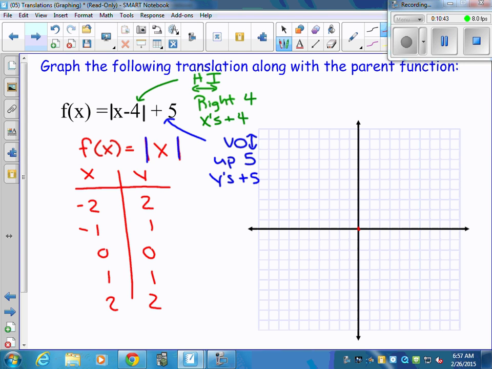So now, starting with the original parent points, the absolute value is a V-shaped graph. When you're looking at what the graph looks like overall, we've got 2 adjustments. We can actually apply those both at the same time. So we can move every point right 4 and up 5.